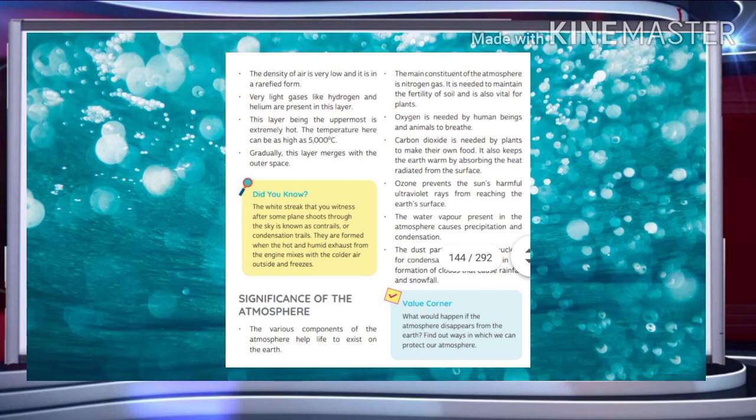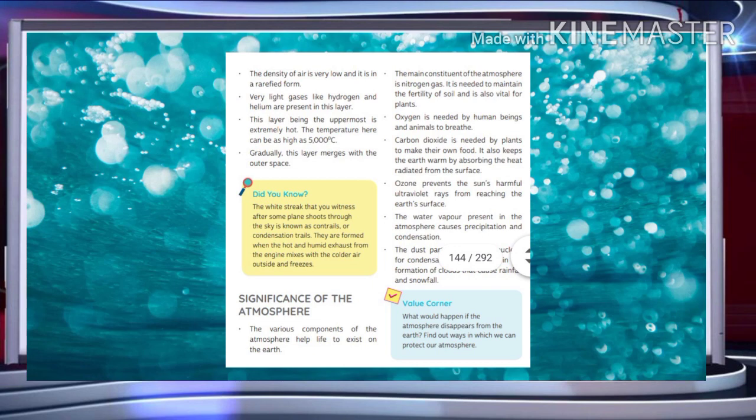This sphere is also very important as the density of air is very low and very light gases like hydrogen and helium are present. This layer being the uppermost is extremely hot, the temperature here can be as high as 5000 degrees Celsius.